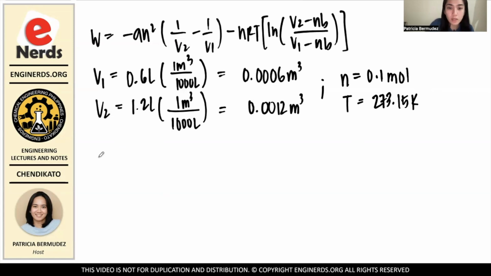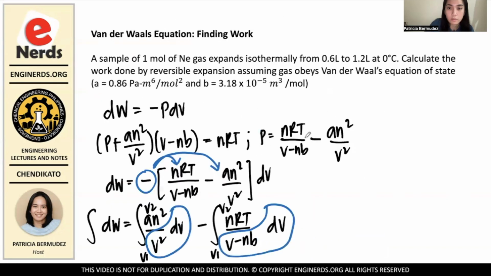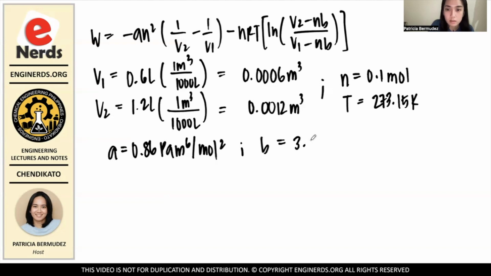So, now we just have to substitute it here. Also, our A is 0.86 Pascal meter raised to 6 divided by mole squared. And then, our B is equal to 3.18 times 10 raised to negative 5 meter cube per mole. Okay, now we just have to substitute it here.